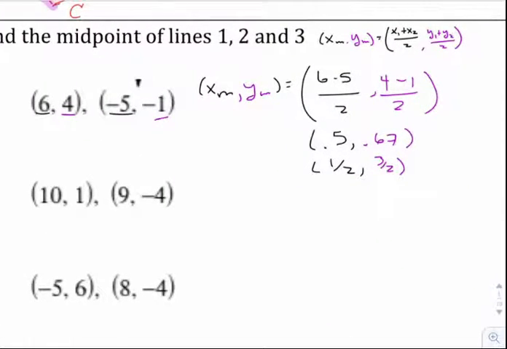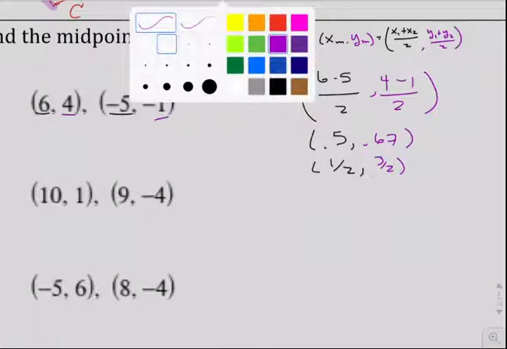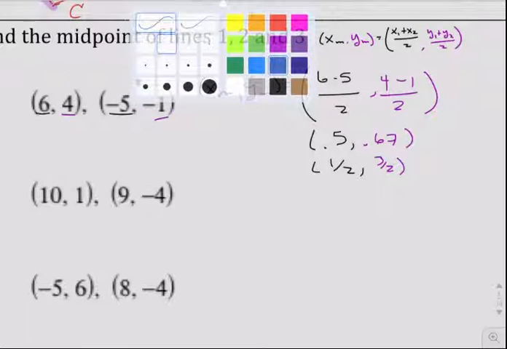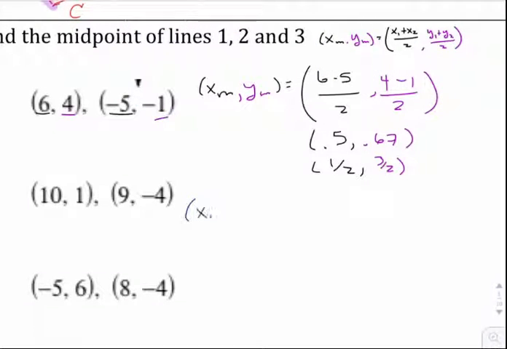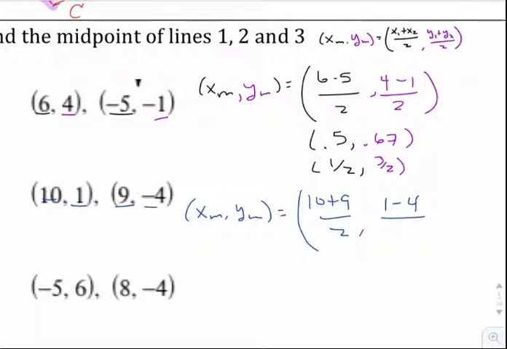All right, so let's keep that going. I'm probably going to drop the color scheme thing because it's starting to get a little tiresome, but I'll just switch to blue. So if we want to find the x midpoint, y midpoint, we're going to add our x's together. That'd be 10 and 9. Divide by 2. Then add our y's together. Now, if you're wondering why this is written as a subtraction problem, of course you know that if you add and subtract those two signs together, it becomes just a negative, hence a subtraction problem.